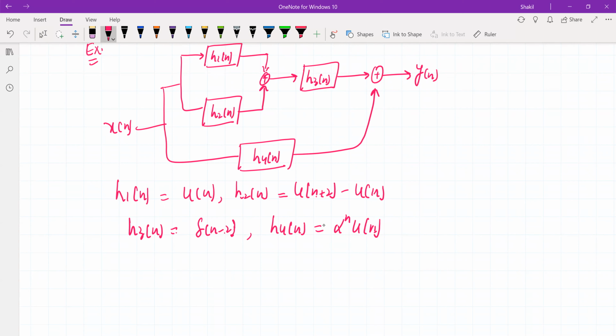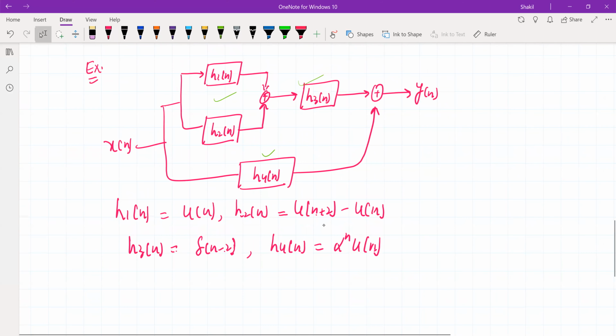So this is our system. Our aim is to determine the overall impulse response of this system. We are given systems that are sometimes connected in parallel, sometimes in cascade, and again parallel. Our job is to calculate the overall impulse response.